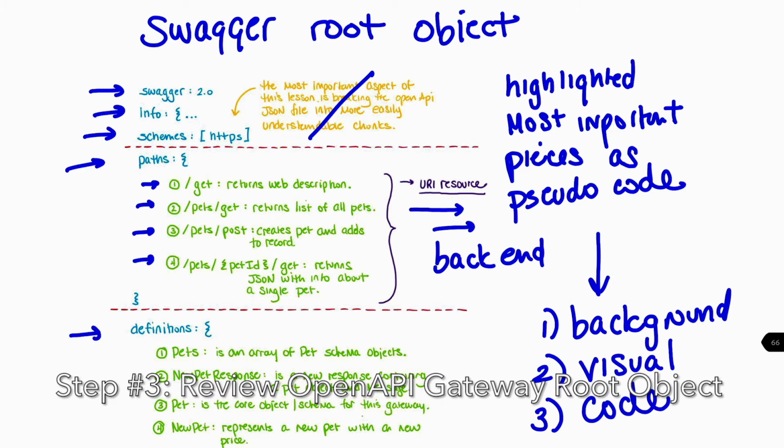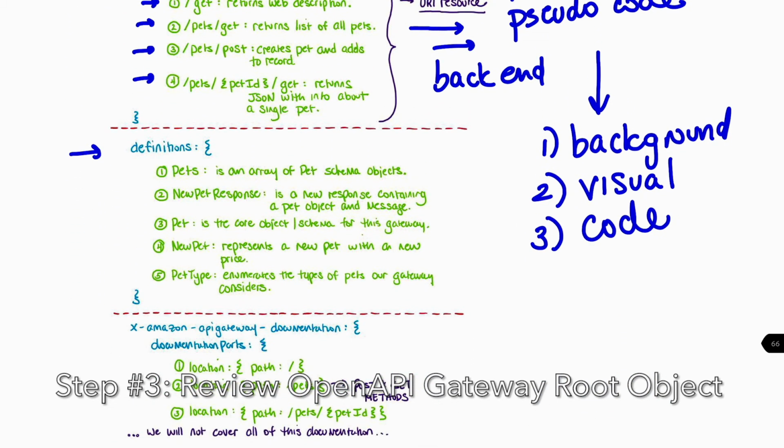Next are the definitions. Again, this is what I compared to the class objects if we were writing Java code. And we have five. I've already outlined these. The two most basic ones are pet and pet type. And then the other ones, pets, new pet response, and new pet, are all based on those two.